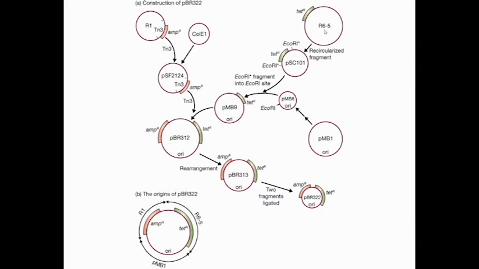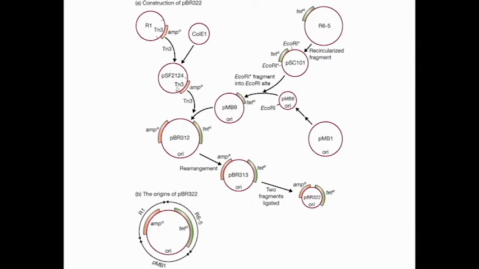Then the R6-5 tetracycline resistance gene fragment was cut and recircularized to get the pSC101 vector. pSC101 was then mixed with pMB8 that carries the origin of replication to produce pMB9.